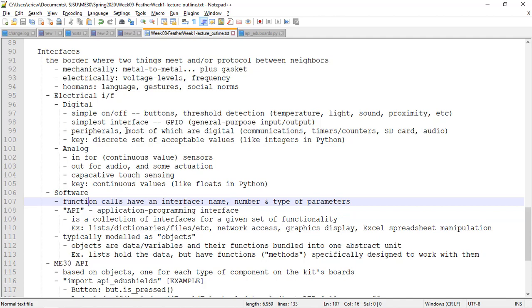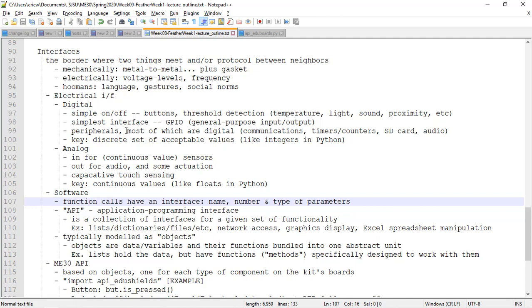So all the plotting functions, and there's probably multiple plotting functions, I haven't used that myself very much. But there's a collection of functions that are used to render text in a graph, axes in a graph, and the actual plot data in a graph. So that's an application programming interface to plotting functions.